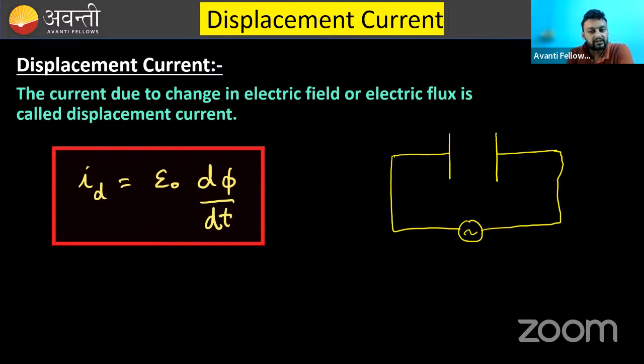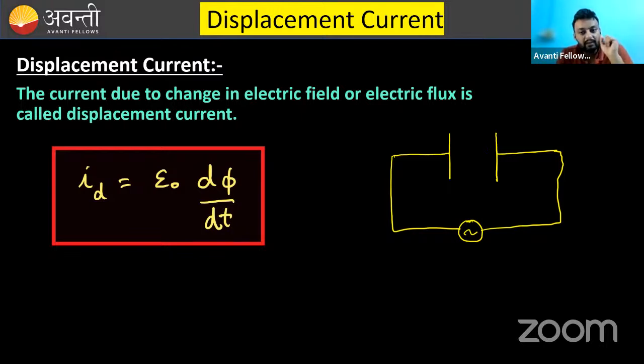Between these plates, there will be a potential difference, and there will be an electric field. Because the alternating voltage is applied, this field will also fluctuate and have variable values.